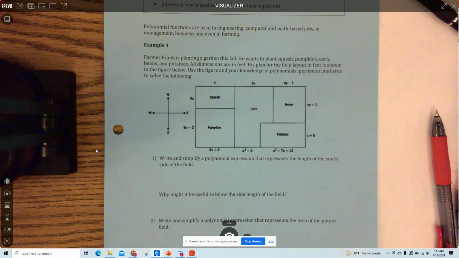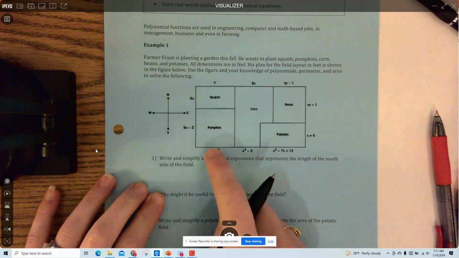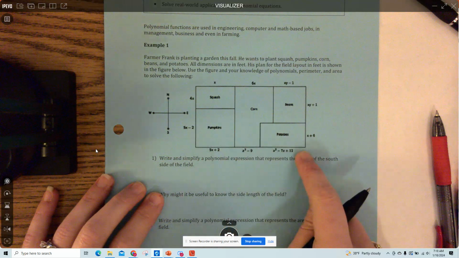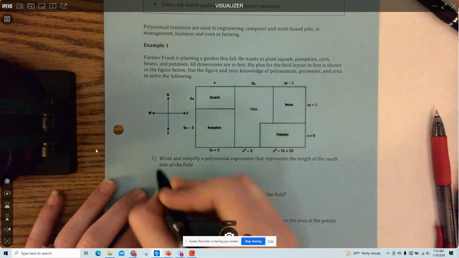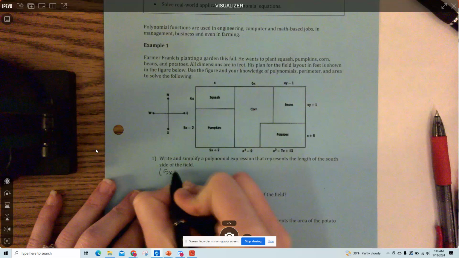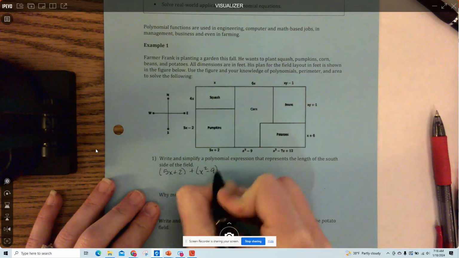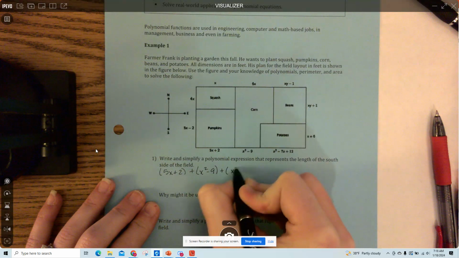Write and simplify a polynomial expression that represents the length of the south side of the field. South, south. So the length would be adding all these up. Okay, all that is combining like terms. And I know it's kind of hard to see these numbers on here.